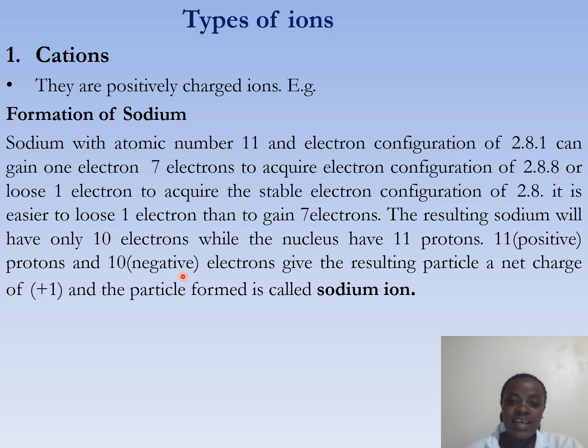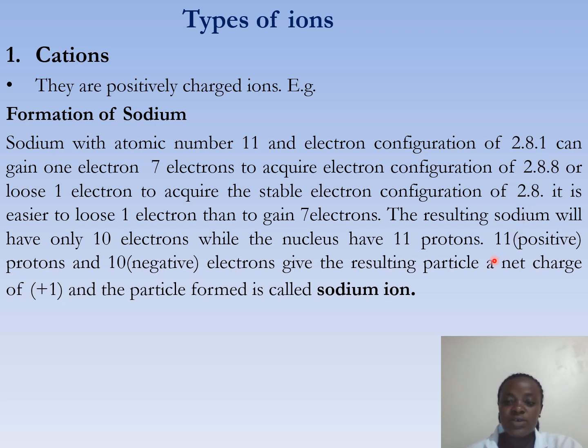But we can see it is easier for sodium to lose 1 electron than to gain 7 electrons. So sodium will form its ion by losing 1 electron to form a configuration of 2:8.